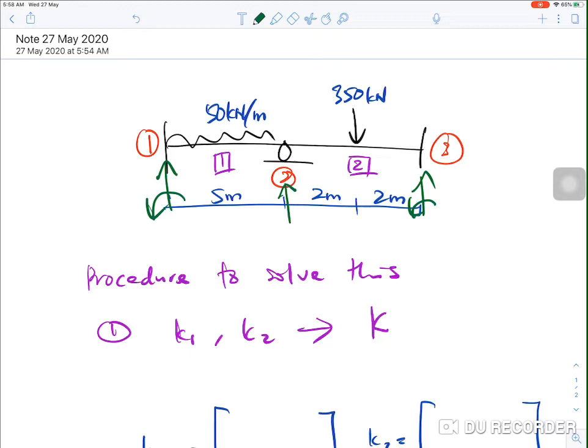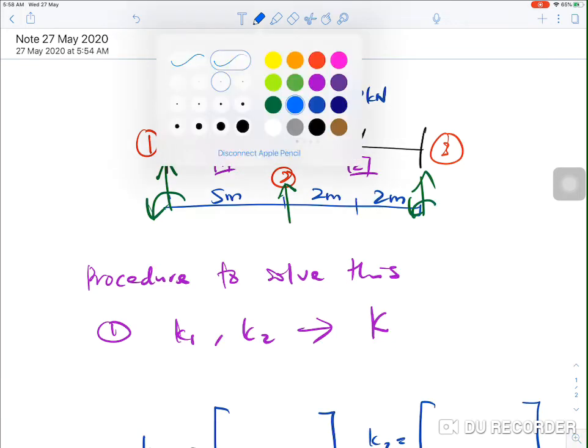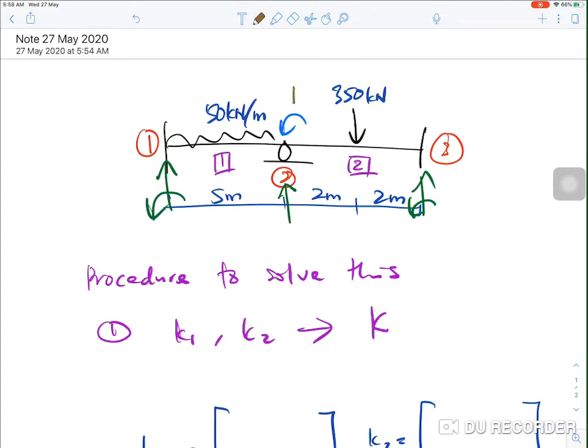Only one is unconstrained. For the labels, this is number 1, here 2, 3, 4, 5 and 6.